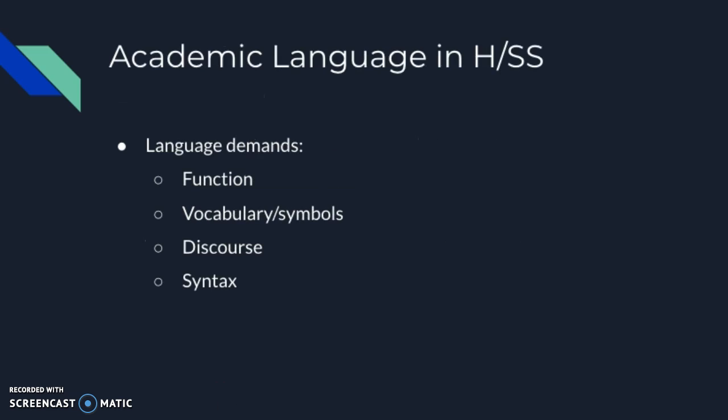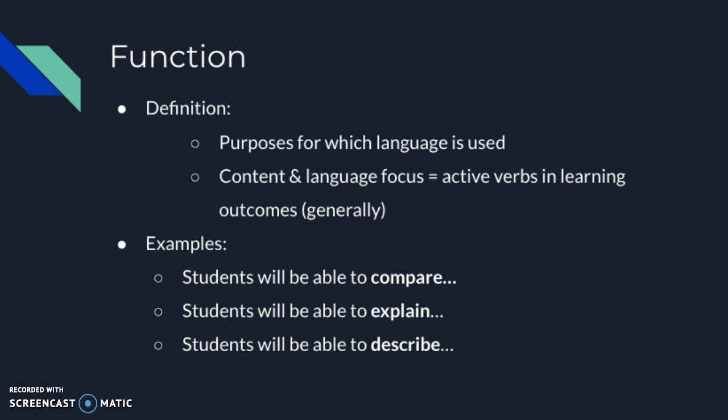So, moving forward, academic language in history and social science classes consists of language demands, which are function, vocabulary and symbols, discourse, and syntax. And I'm going to get into these various language demands. To begin, function is defined as the purposes for which language is used, and content and language focus are essentially the active verbs and learning outcomes, oftentimes.